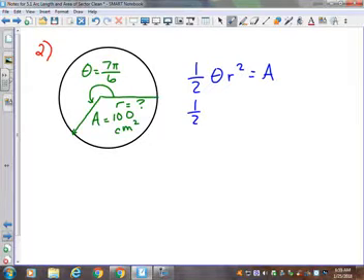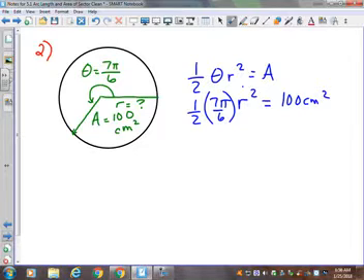So it's 1/2 times the angle of 7 pi over 6 times the radius, which we don't know, so I wrote in r squared, is 100 centimeters squared. So first, this time, we want to put our 1/2 times our angle. Nothing reduces, so it's going to be 7 pi over 12.